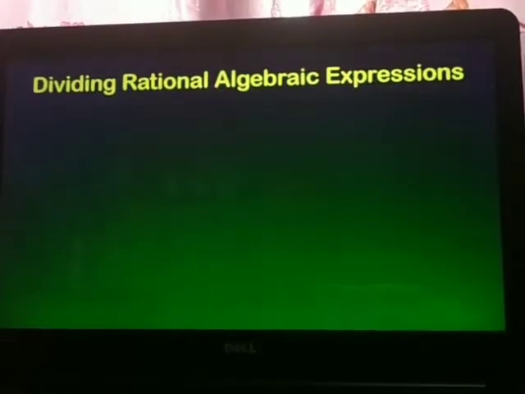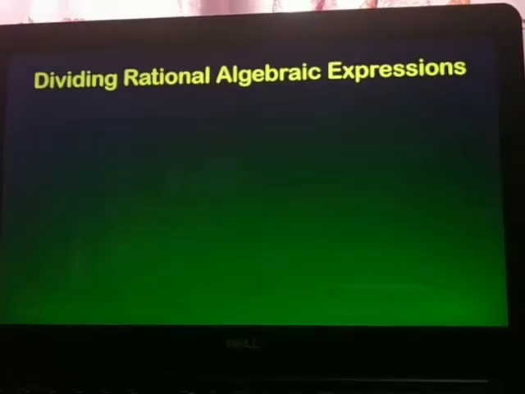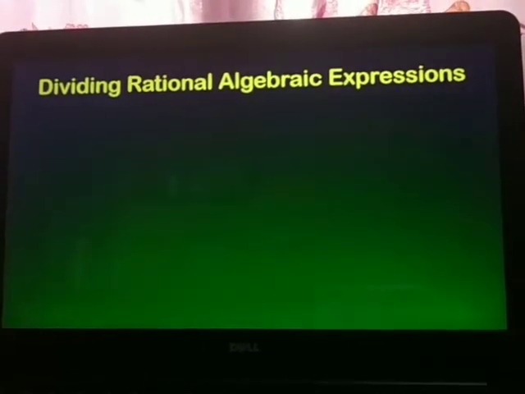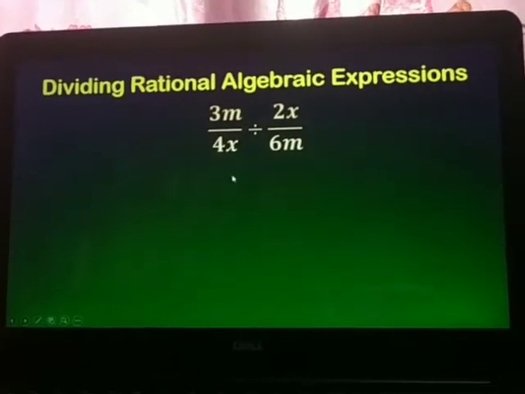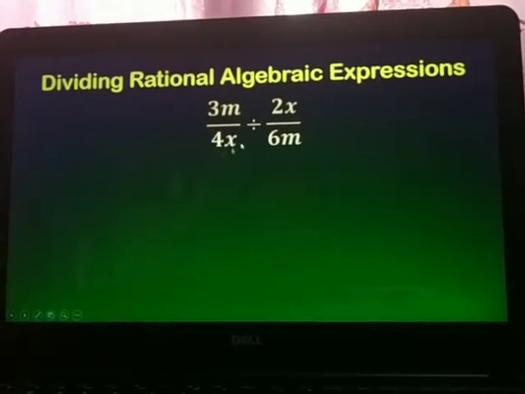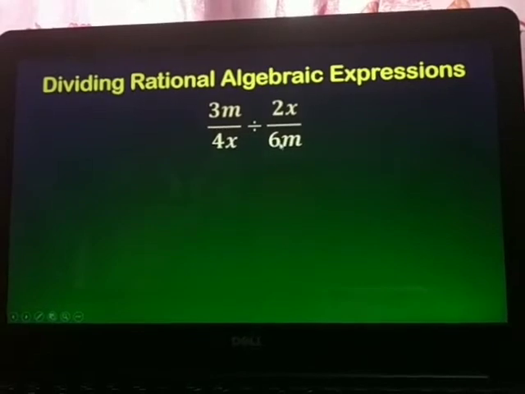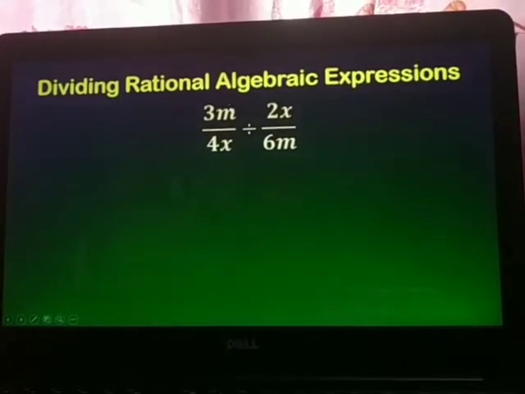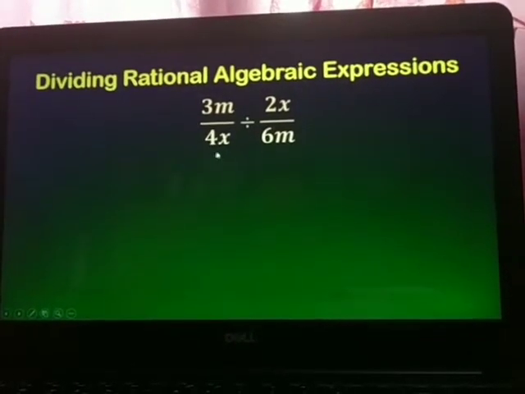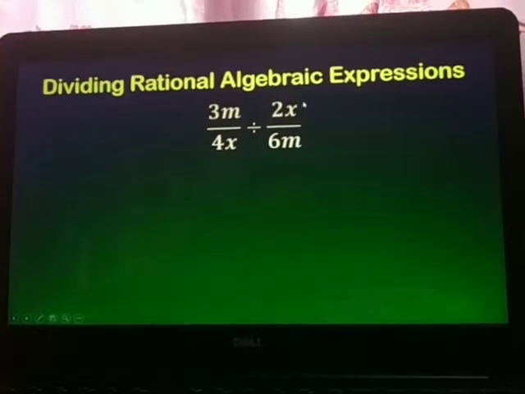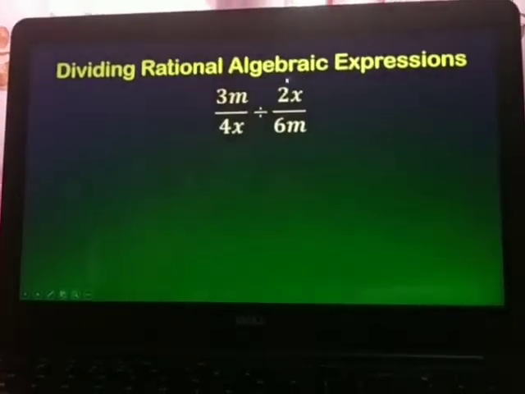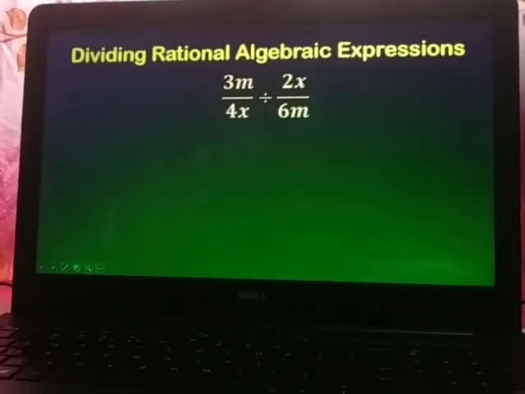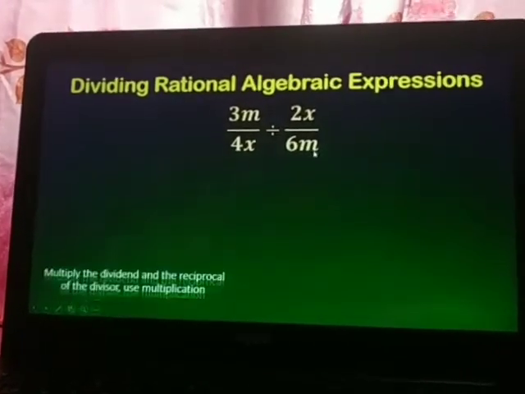Okay, and the last operation is dividing rational algebraic expressions. Again, it doesn't matter if they have the same or different denominators. 3m over 4x divided by 2x over 6m. This is your dividend, or the first given, and 2x over 6m is your second given, in other words, the divisor.